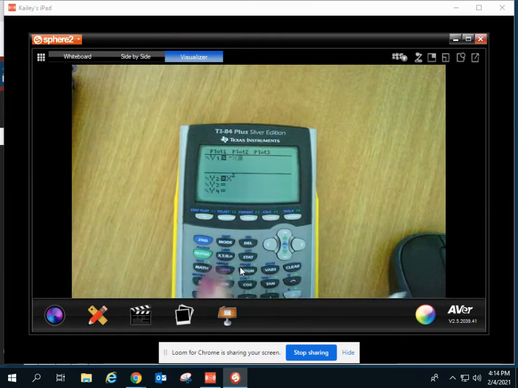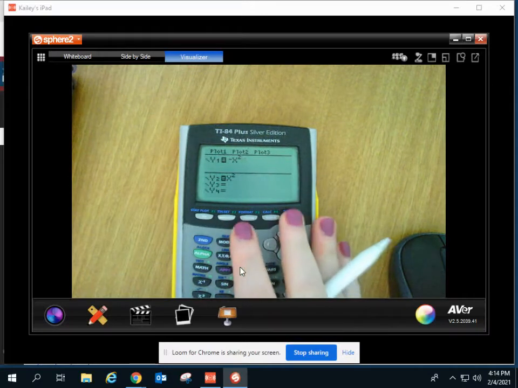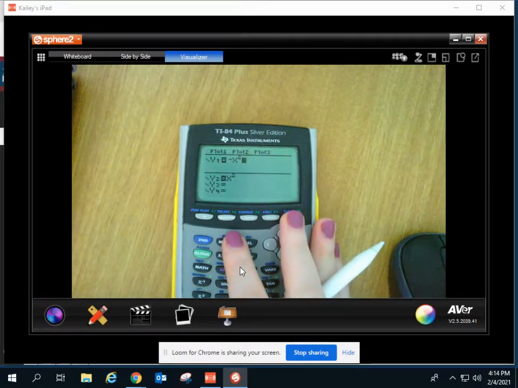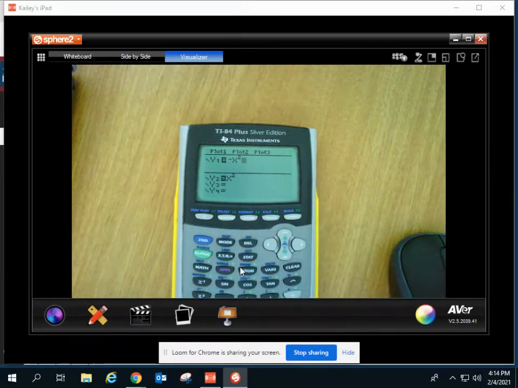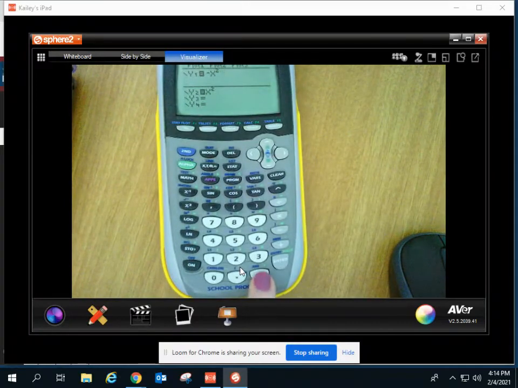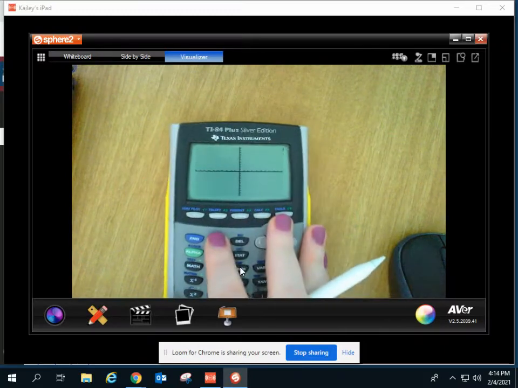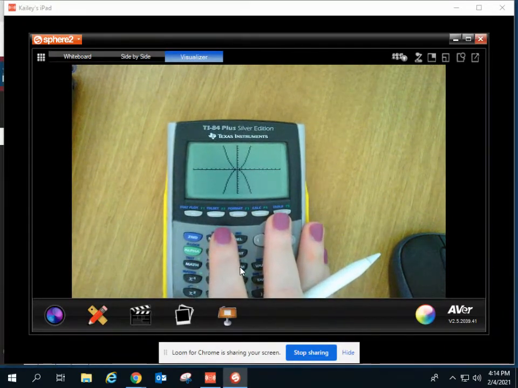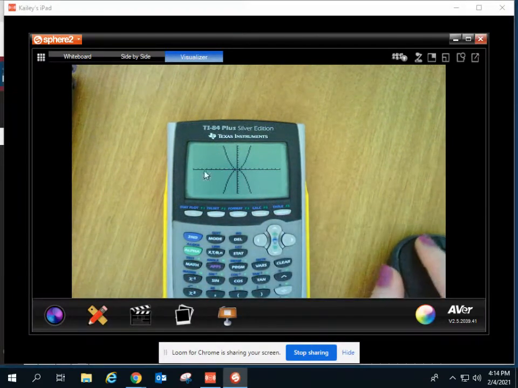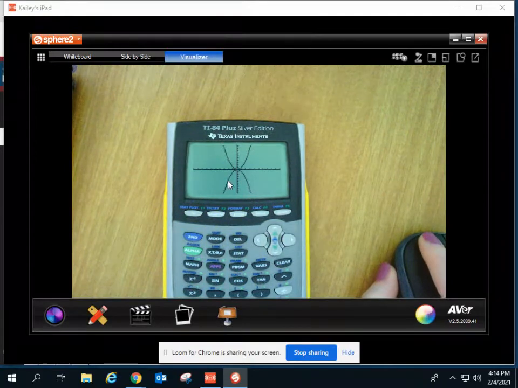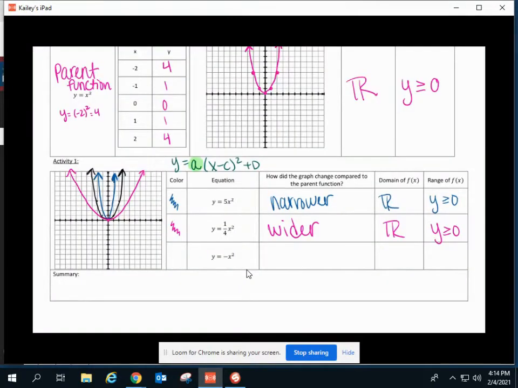But a negative x squared function, so changing my y1 to negative x squared, make sure you use this negative symbol down here. It flips it over, or it reflects the parent function. That's what changes our parabola from having a minimum to having a maximum.